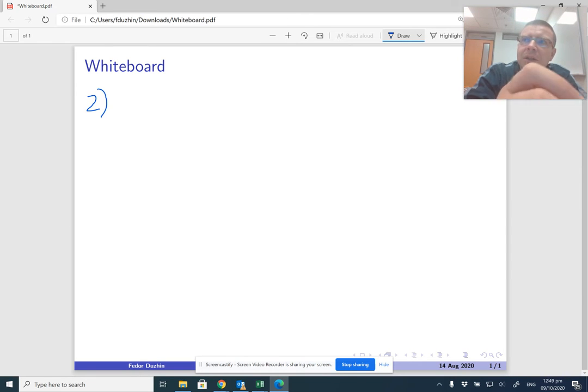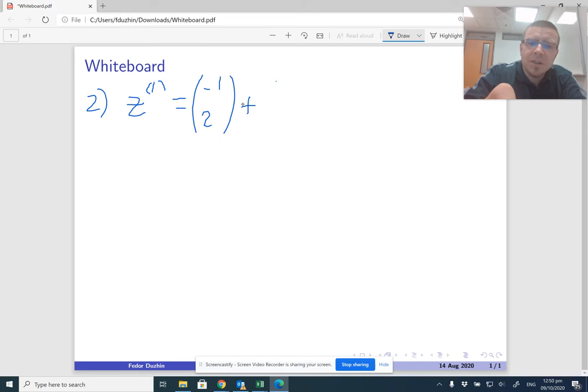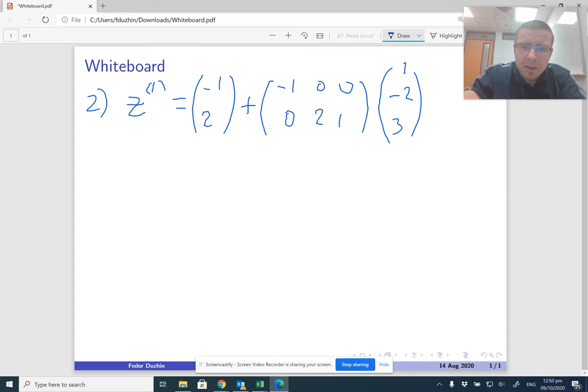So how do I calculate the output of my hidden layer? First I calculate this Z1. This is the bias vector in the hidden layer, which is -1, 2, plus the weight matrix, -1, 0, 0, 0, 2, 1, times the input. And the input is 1, -2, 3. Let me calculate this.